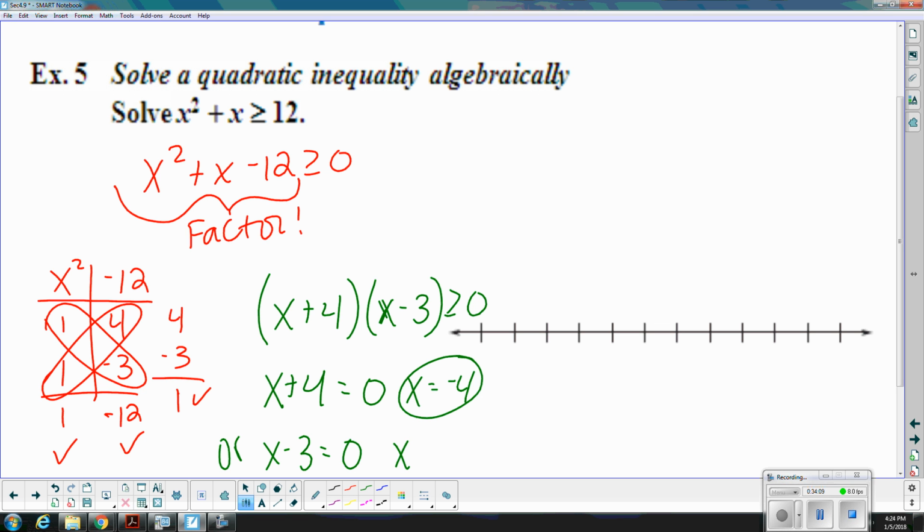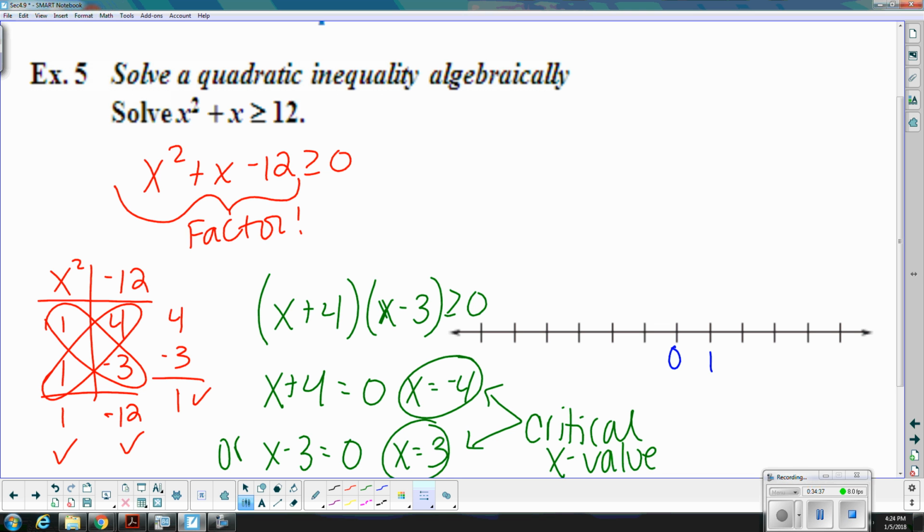And if x minus 3 equals 0, then x equals 3. So these are my critical x values. That means they're important. Those are the ones that are going to go on our graph. Now, the inequality says greater than or equal to, so these points are included. So let's go ahead and graph these.